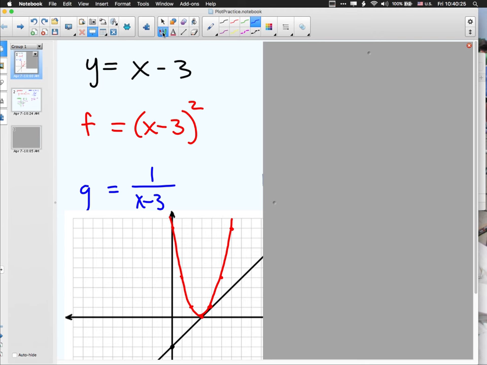Is this close to right? It's close to half, right? I think I got this wrong. You're about half right.